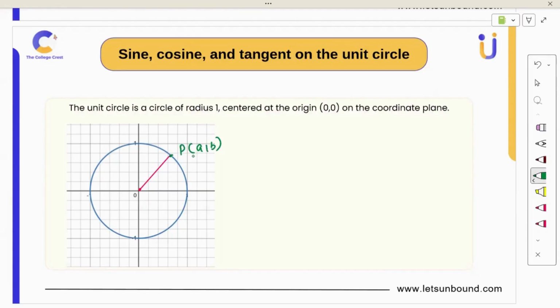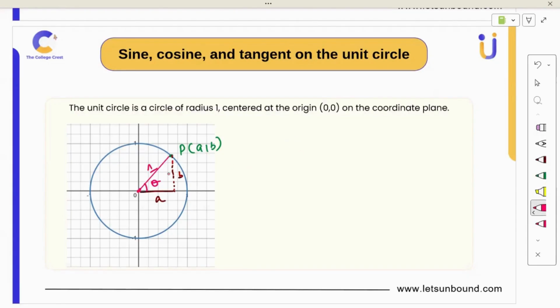Okay. Now, what does it mean? So when you come from here to here, its vertical distance is B. This is B, and horizontal distance is A. Correct? So this is P of A, comma B. Then a right triangle will be formed. Now I will have an angle here. Let me mark theta. And radius is 1, or the center to this point is 1.